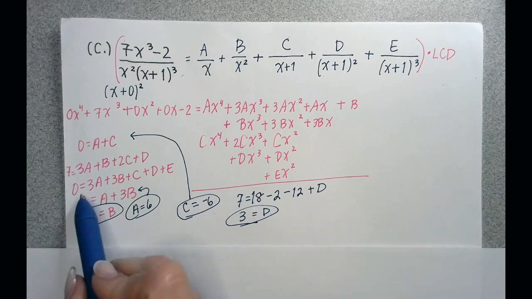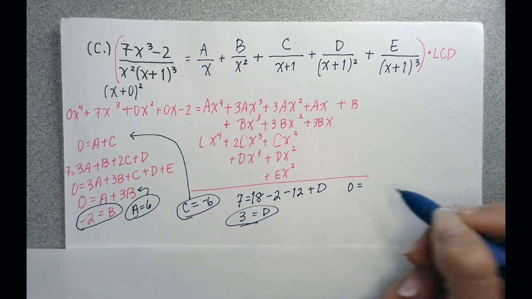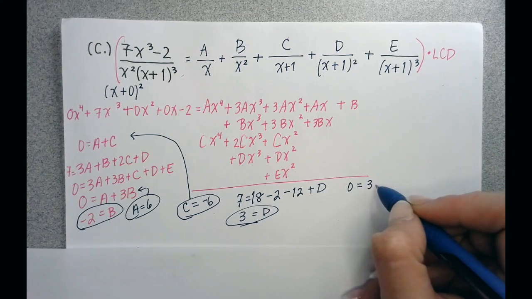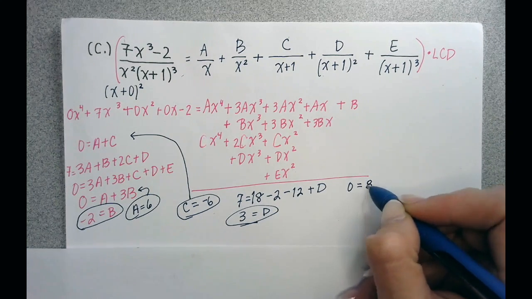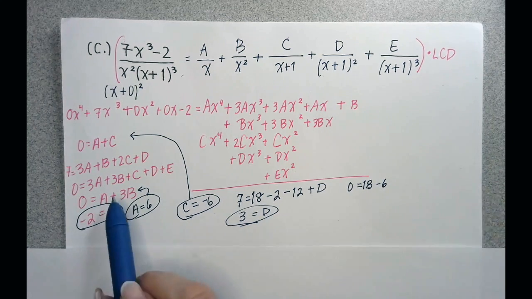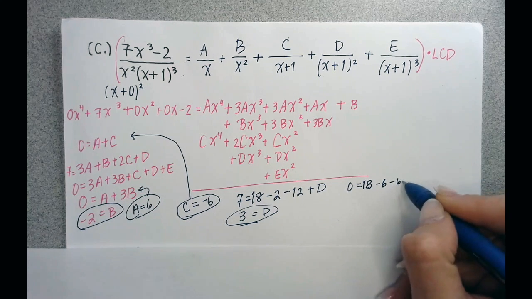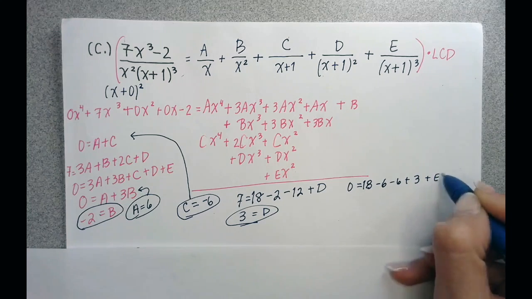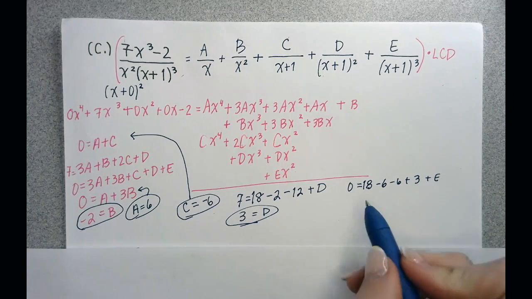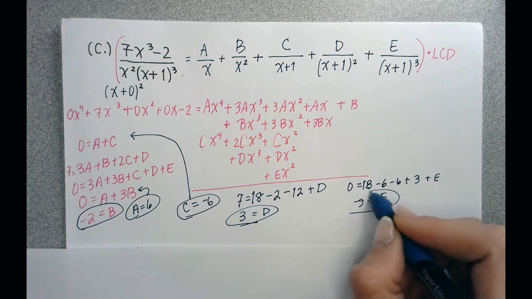And now for the e, I'm going to use this over here, and we will get 0 equals 3a, so 18, plus 3b, so minus 6, plus c, so minus 6, plus 3, plus e. 18 minus 12 is 6, 6 plus 3 is 9, so e should equal negative 9.